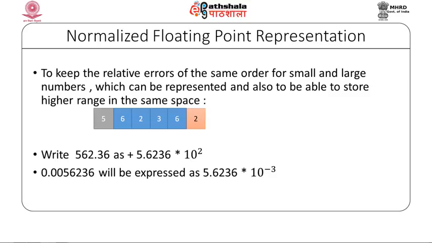So 562.36 will be represented as 5.6236 into 10 squared. The last 2 orange colored digits are for the exponent of 10. So every number will be represented as a digit, sign, digit, then the digits after the decimal point, which is called the fraction or mantissa, and the last digit will represent the power of 10.